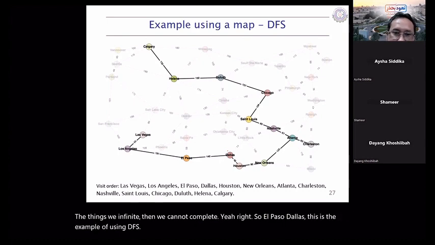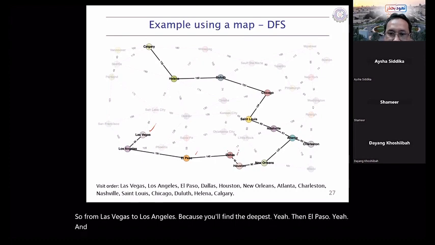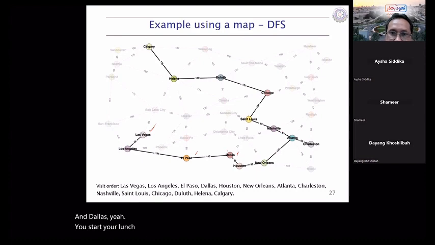So from Las Vegas to Los Angeles, to find the deepest, then El Paso, Dallas, Houston, New Orleans, then Atlanta here, and until Calgary.